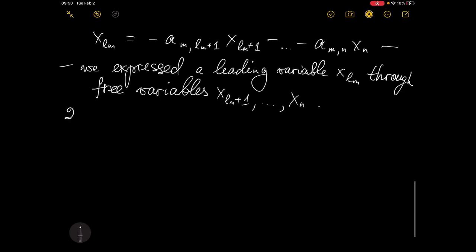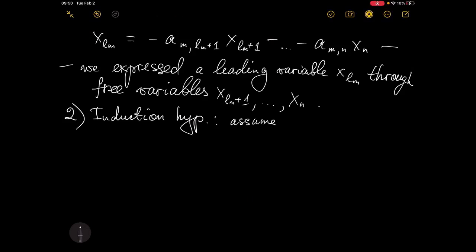induction hypothesis. Assume it holds for t bottommost rows.